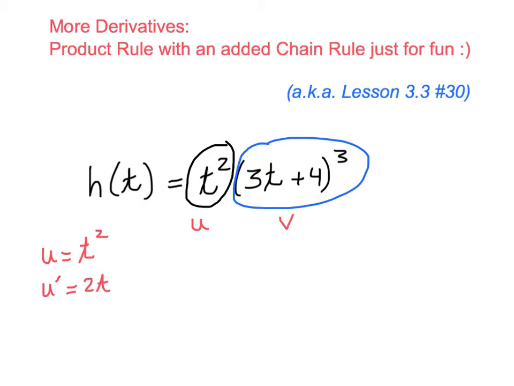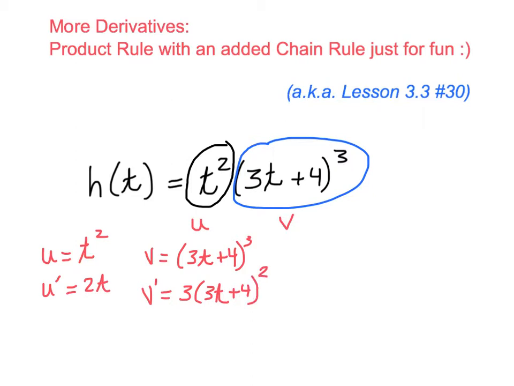If v equals 3t plus 4 raised to the third power, then the derivative here, we're going to have to follow that chain rule. It's also called the general power rule. We'll bring the exponent 3 down. We'll rewrite the quantity in parentheses 3t plus 4, and then subtract 1 from the exponent.